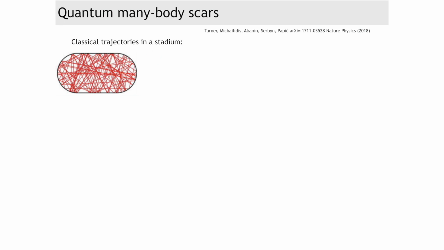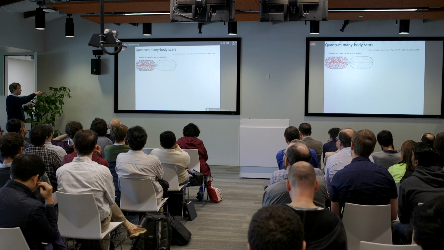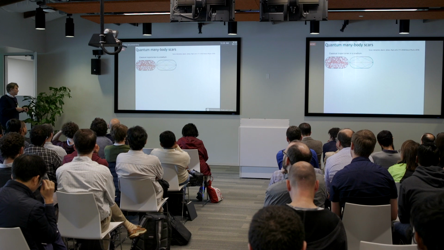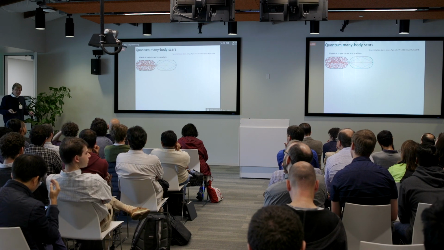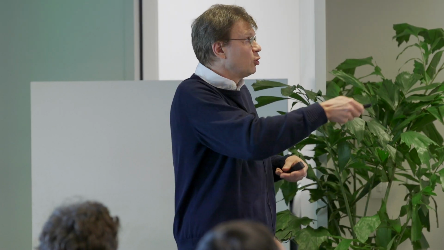I will just give one qualitative explanation, which is related to chaos. In a classical chaotic system like a billiard, you can sometimes have trajectories which are closed, like the one shown here. The number of these trajectories is very small compared to classical chaotic trajectories, and you would say that if you now quantize this kind of dynamics, there should be no traces of that.